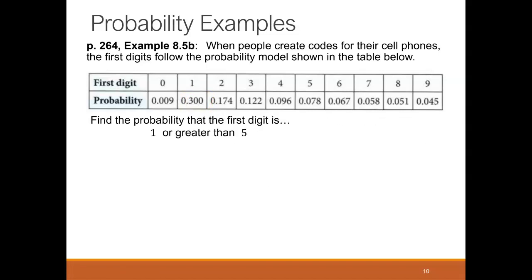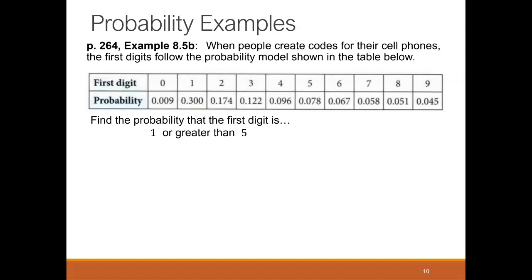The probability that the first digit is either 1 or greater than 5. So again, those outcomes would be mutually exclusive, but specifically they would be 1, 6, 7, 8, 9.